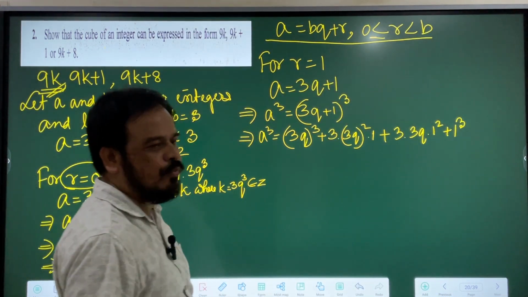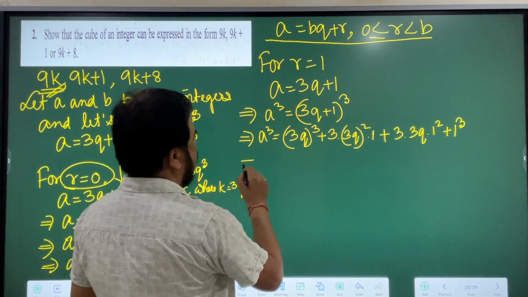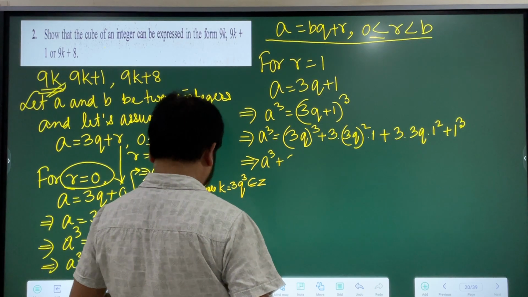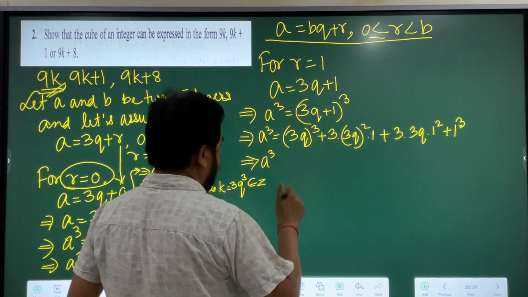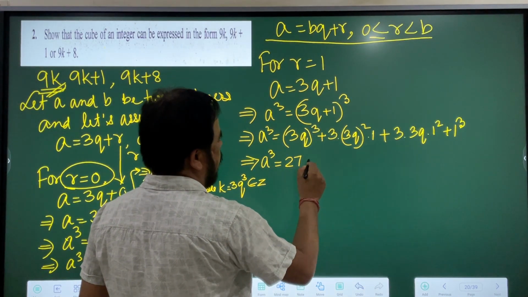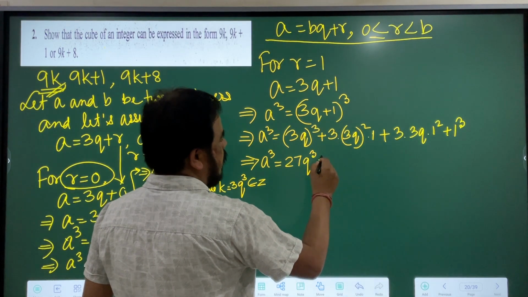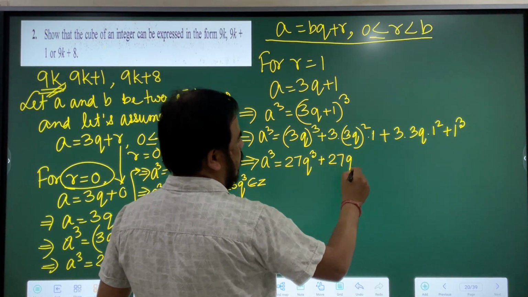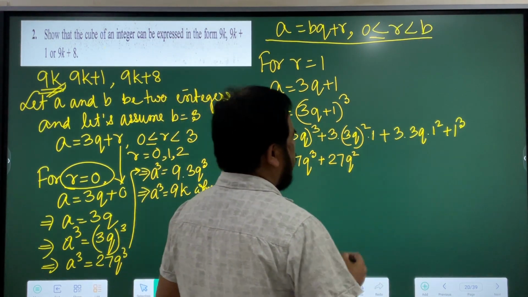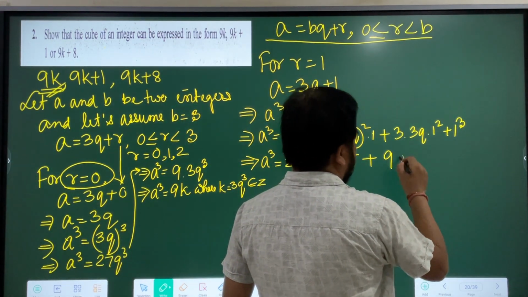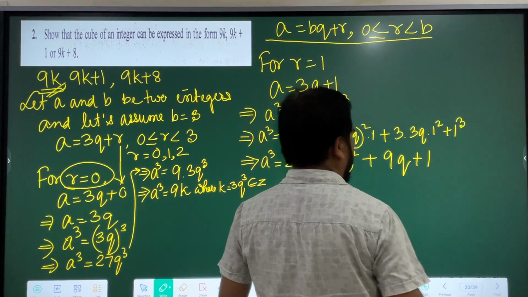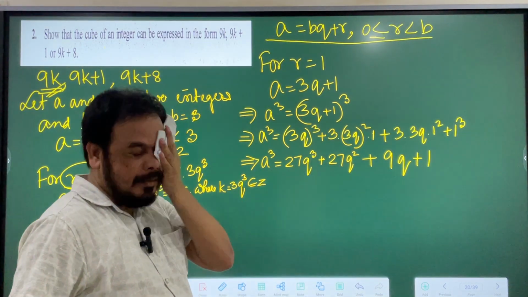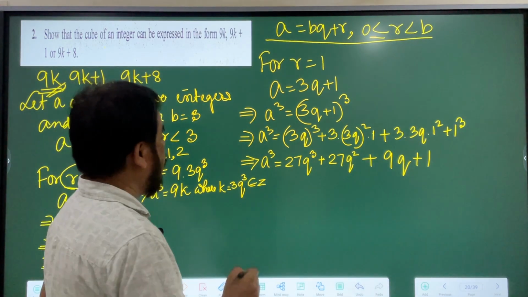Just the (a plus b) whole cube formula is applied. So a cube is equal to 27q cube plus 3 square is 9, which is 27 only, 27q square plus 9q plus 1.